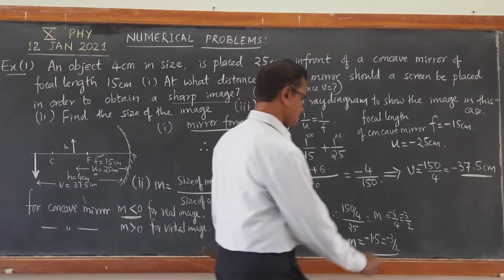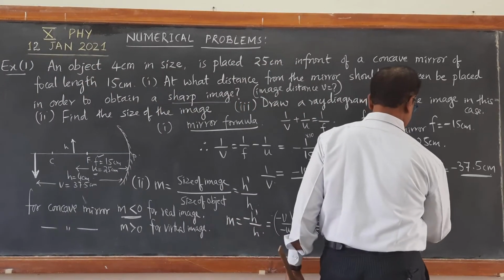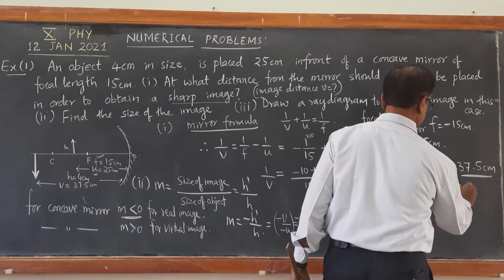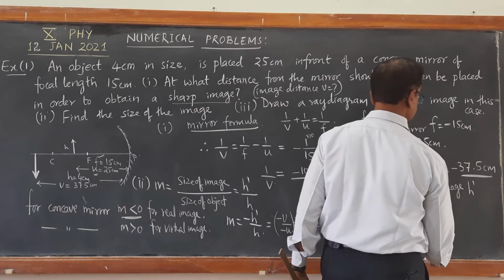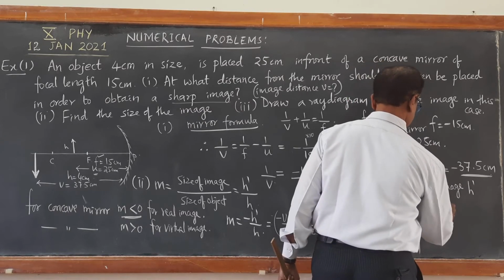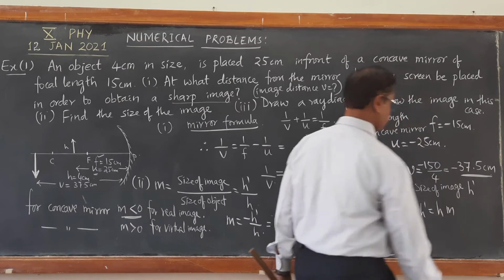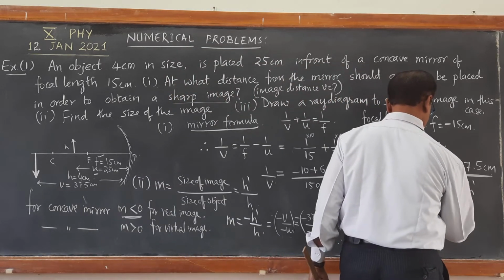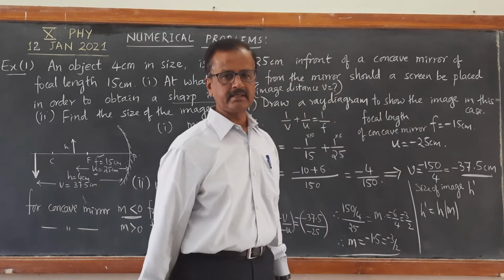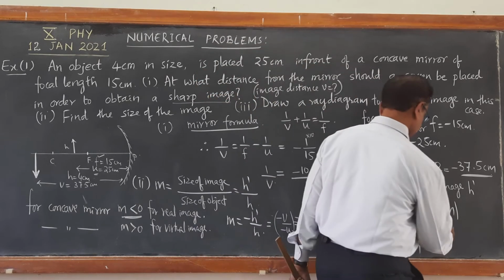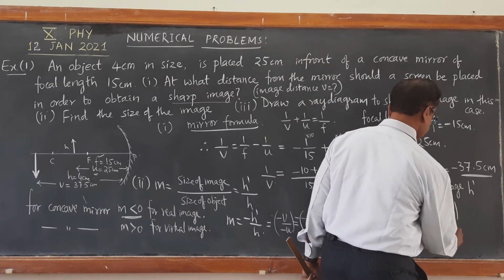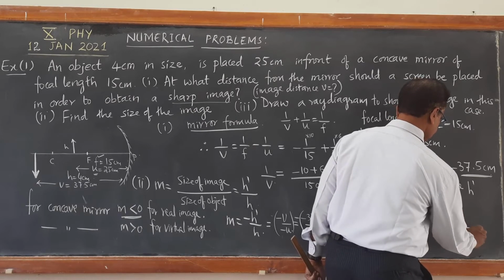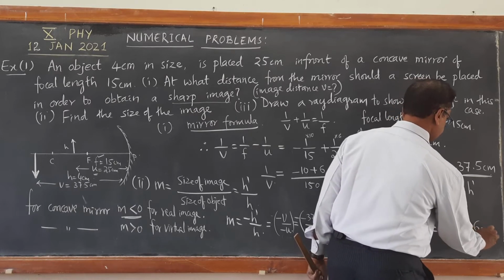Now I can find out the size of the image. H dash is equal to h times magnification. You take h times modulus of magnification so that we can get the h dash. H is 4 centimeter and magnification is 3 by 2. So it becomes 6 centimeter.